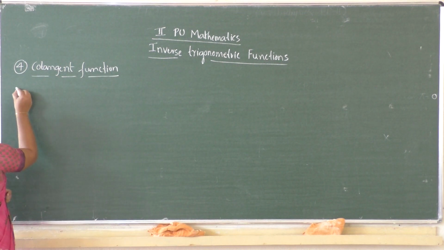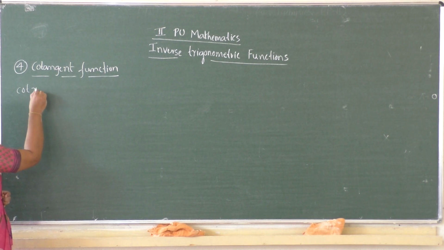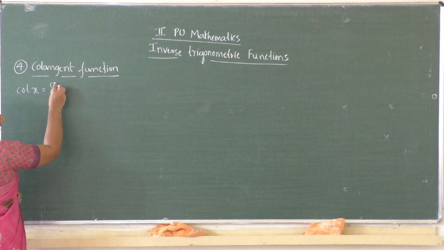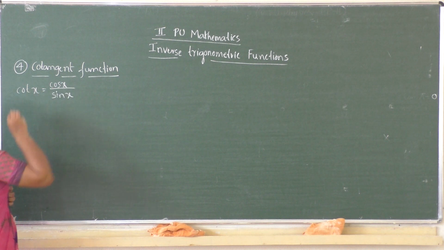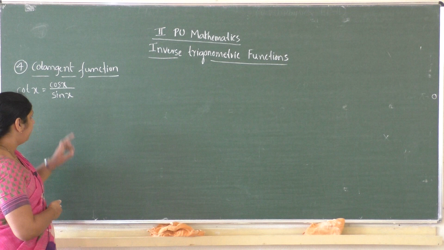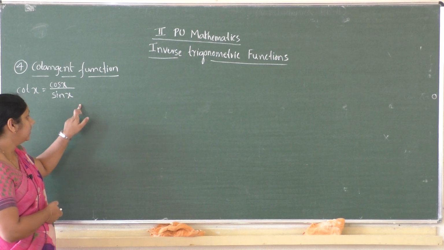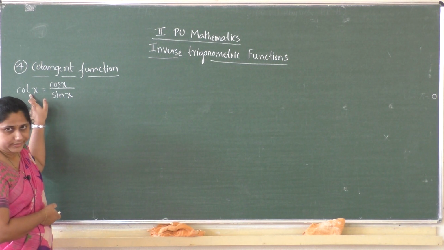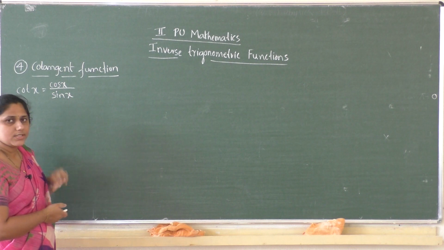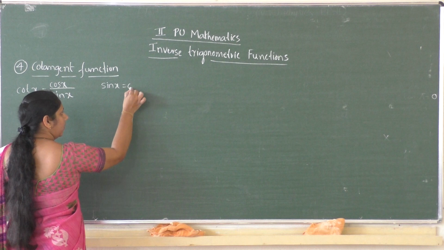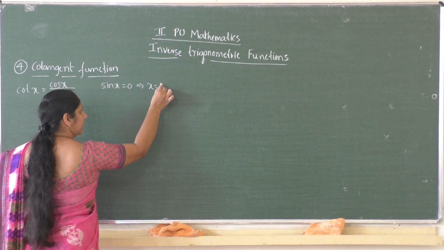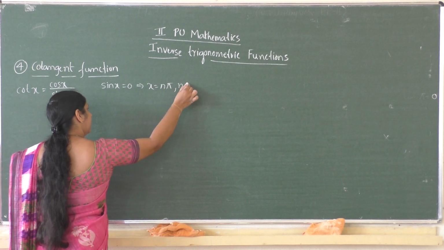Now how to write cot x? What is the formula? It is cos x by sin x. If sin x equal to 0, then cot x will not be defined, right? When sin x value is 0, sin x equal to 0 implies x equal to n pi, where n belongs to Z.